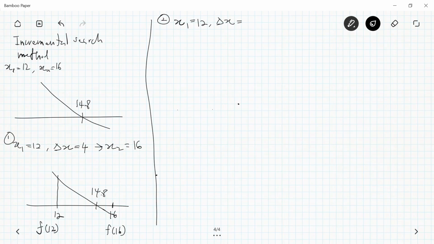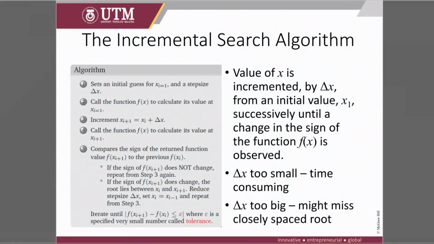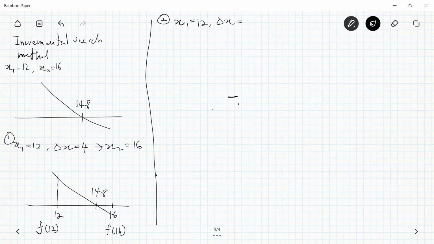So now this is 4, which is 4 divided by 2. Now this is 2. So our x2 now is 12 plus 2, which is 14.